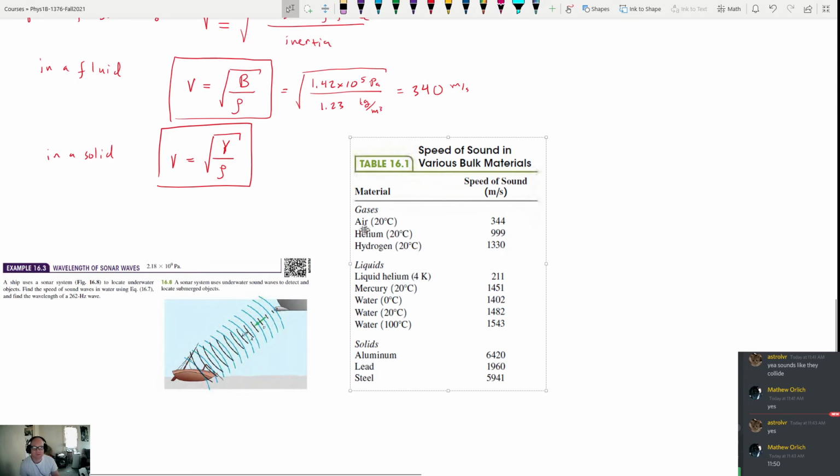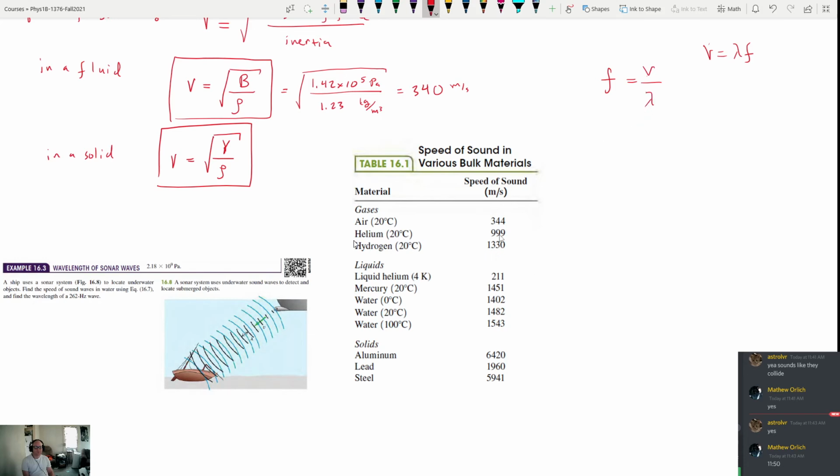I believe this is a direct connection to why, when you inhale helium from a balloon or something and then try to talk, it sounds really high frequency, right? Because v equals lambda f, so frequency is velocity divided by wavelength.